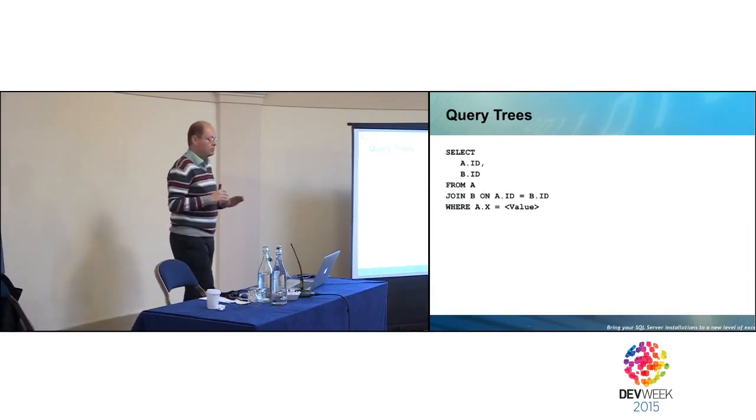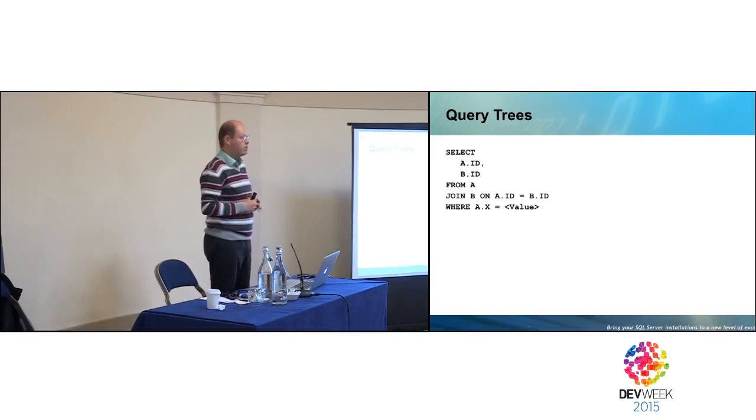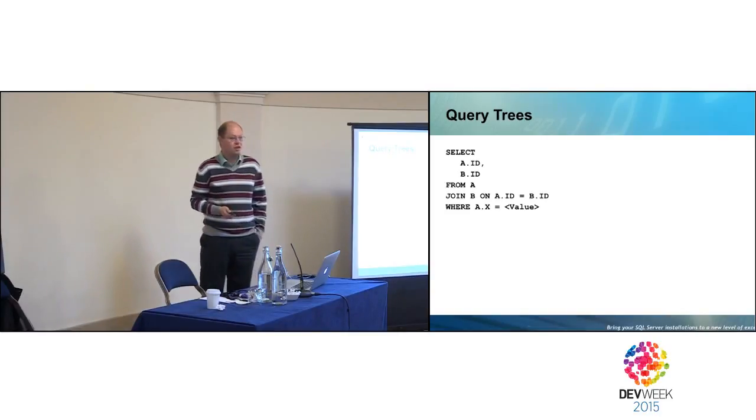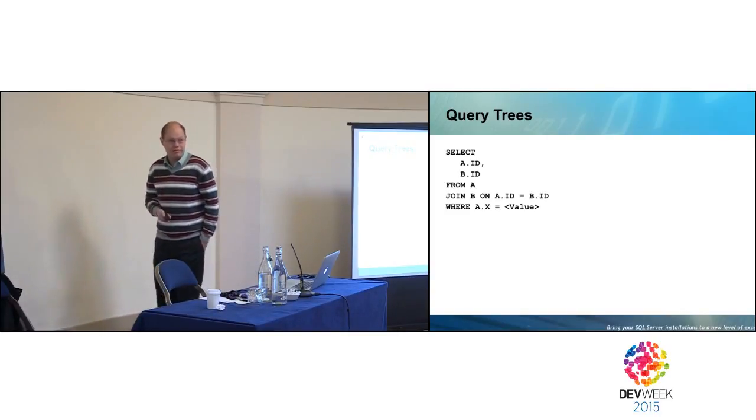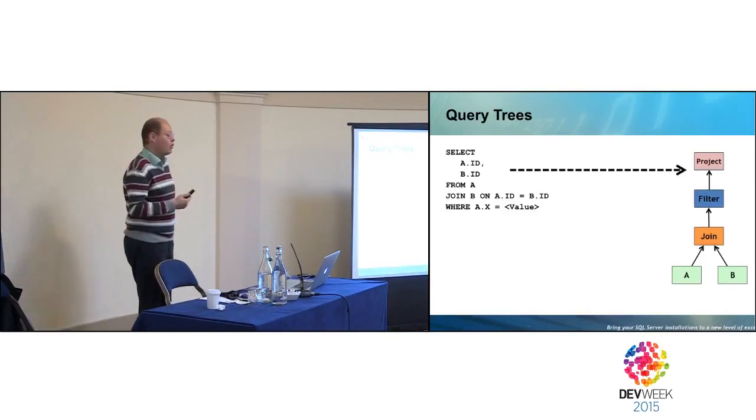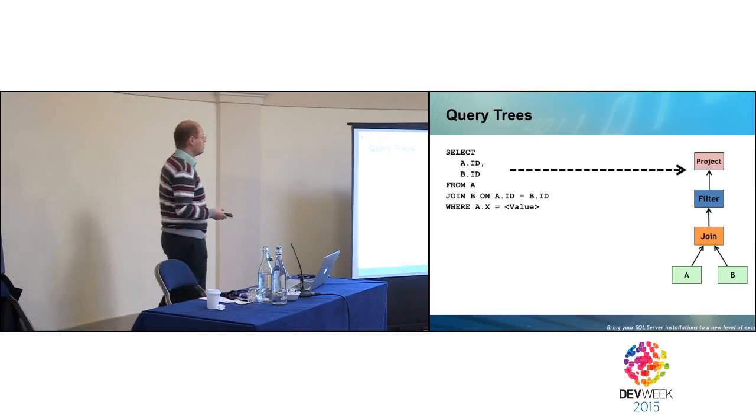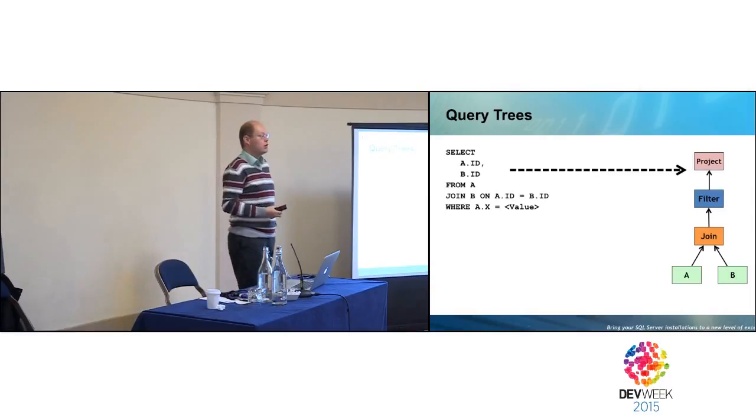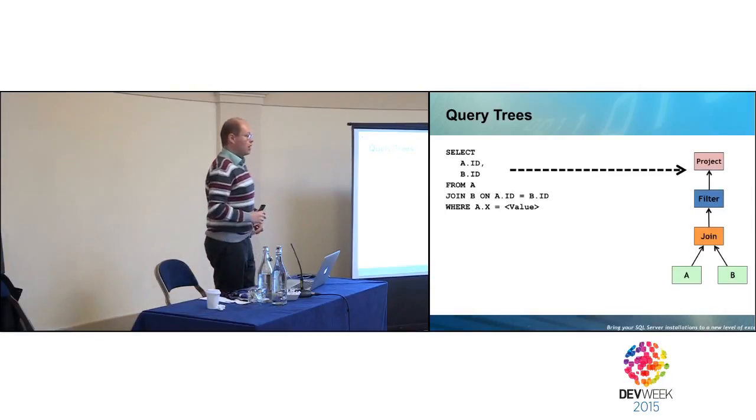Imagine we have a simple query where we join two tables together with a filter predicate. As I said in the first step, during the normalization phase SQL Server generates out of that logical query a so-called query tree. It's just a tree structure, and within that structure SQL Server still shows our logical query.